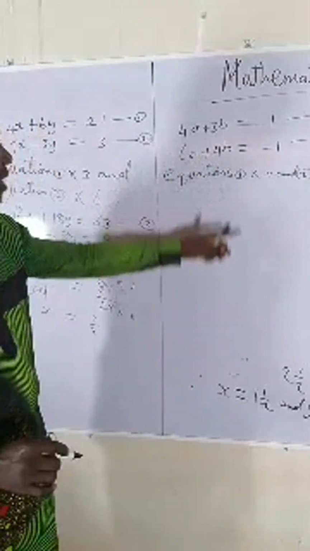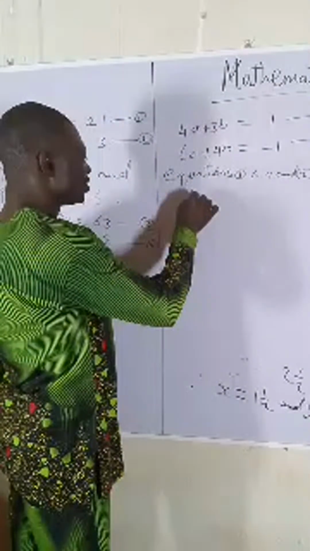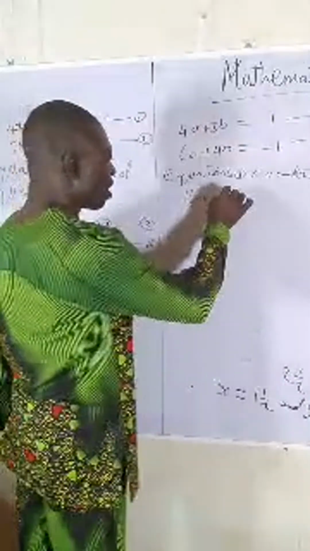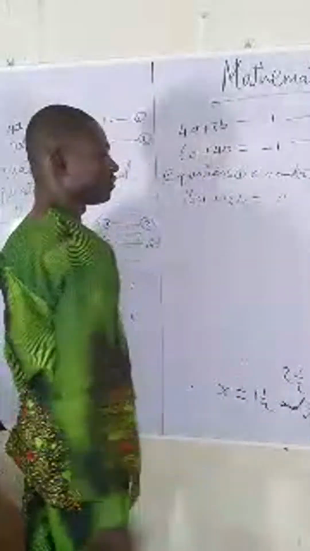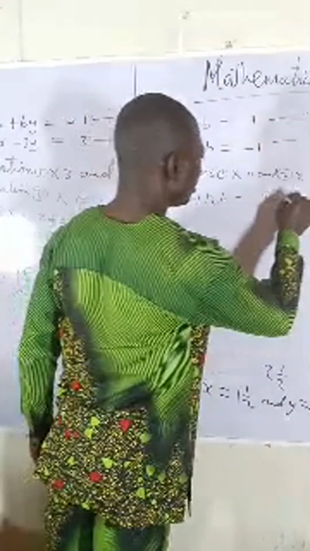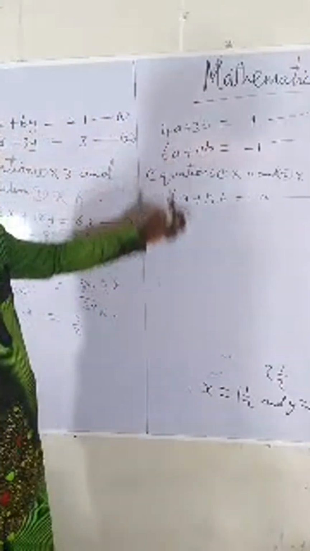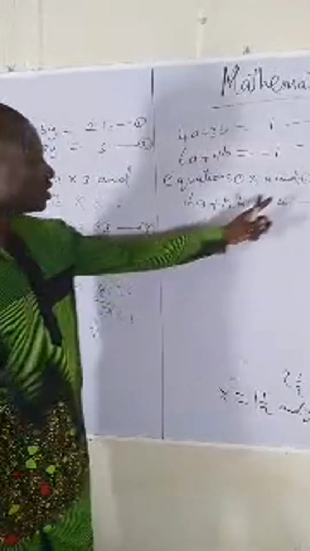That means equation 1 times 4 will give us 4 times 4, 16A, plus 3B times 4, 12B, is equal to 1 times 4, which gives us 4. We call that one equation 3, which is coming out of equation 1. And so we do the same thing, equation 2 times 3.